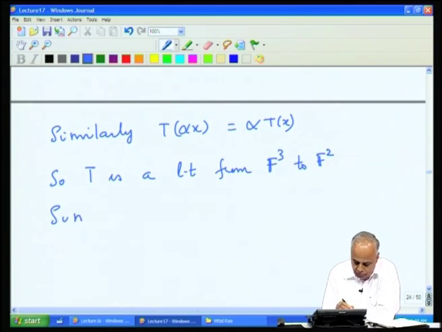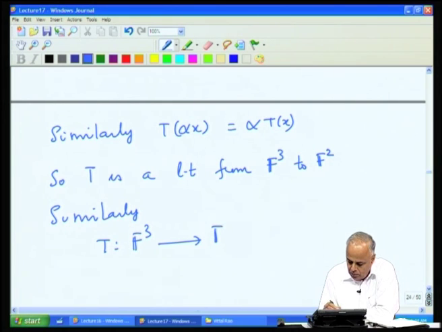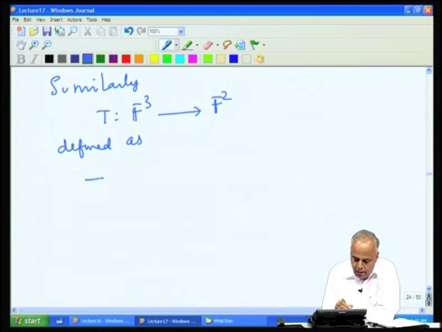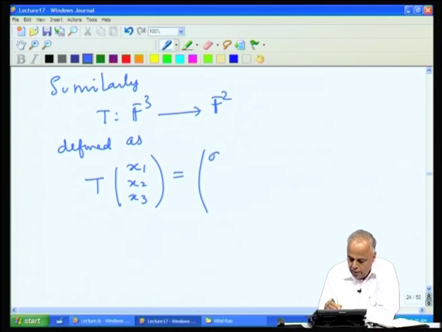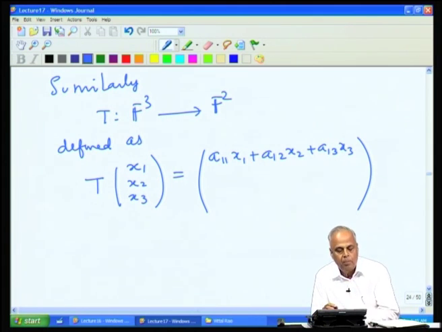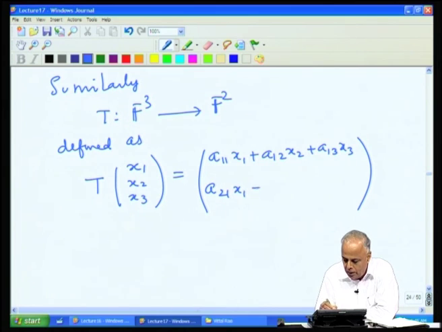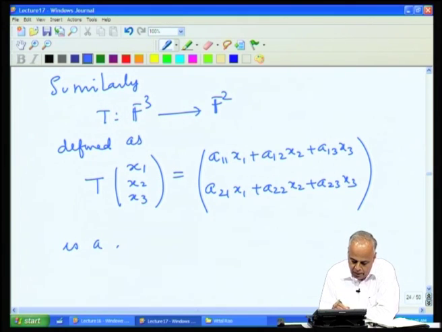Similarly, T from F^3 to F^2 defined as T of (x1, x2, x3) equal to (a11 x1 + a12 x2 + a13 x3, a21 x1 + a22 x2 + a23 x3), a certain proportion of x1, of x2 and of x3, is a linear transformation from F^3 to F^2.